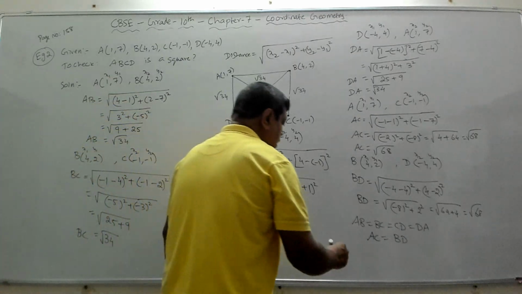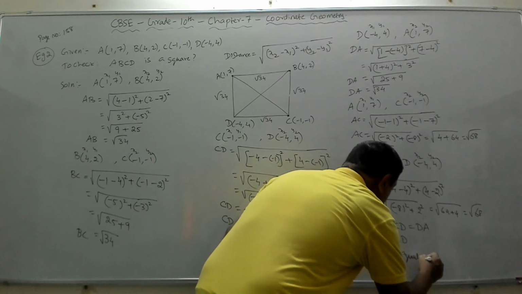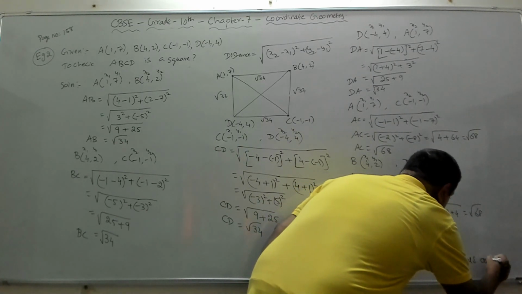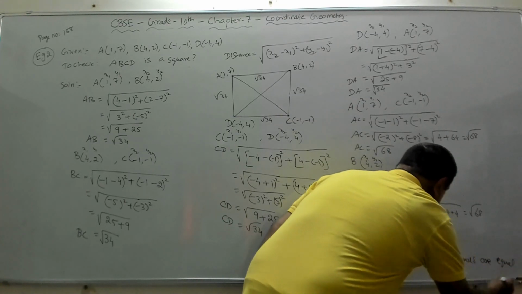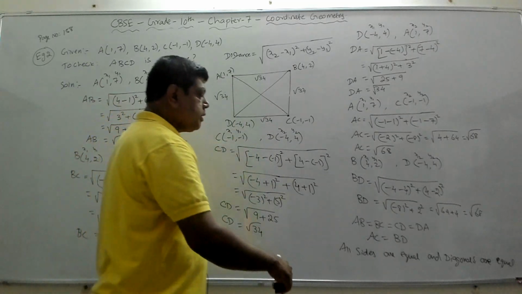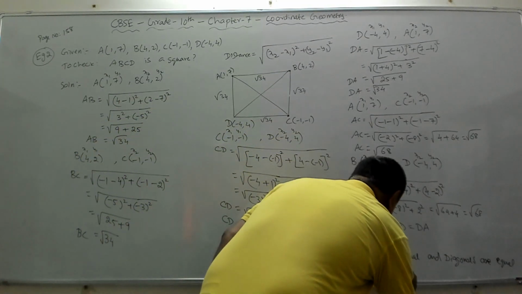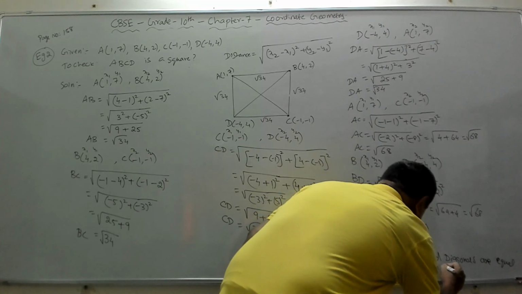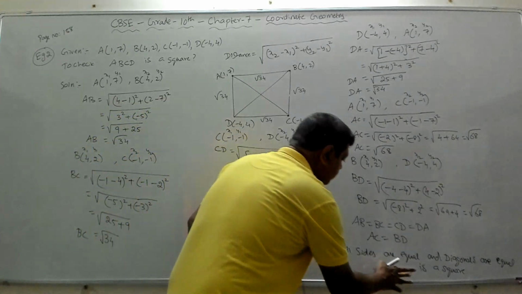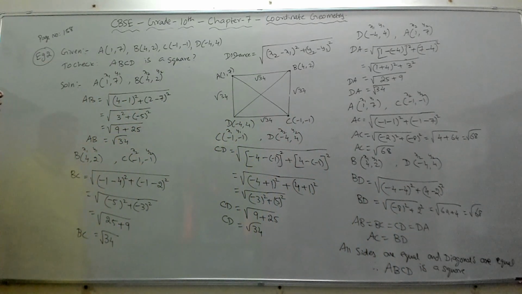So all sides are equal, and diagonals are equal, therefore ABCD is a square. We have proved that ABCD is a square.